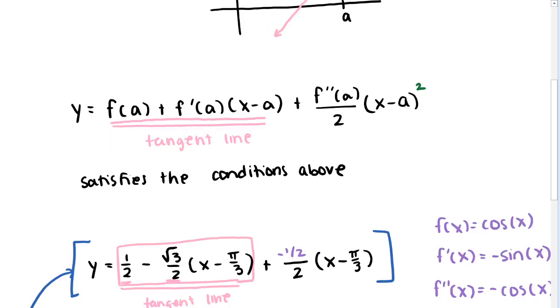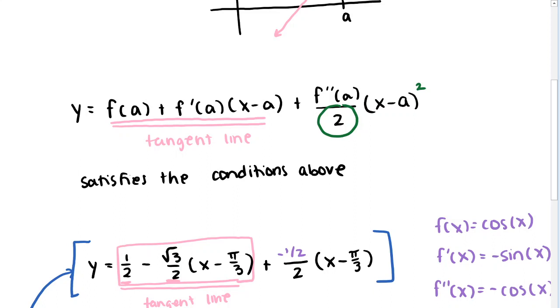So earlier I gave you this formula for the quadratic function that approximates our original function at x is equal to a. It's this tangent line equation added on with this quadratic term whose coefficient is the second derivative of our original function divided by 2. And you might have wondered where this division by 2 comes from. Why is that there? I didn't explain it earlier, but now that we've gone through one example and taken derivatives of one example, we can better explain this now.